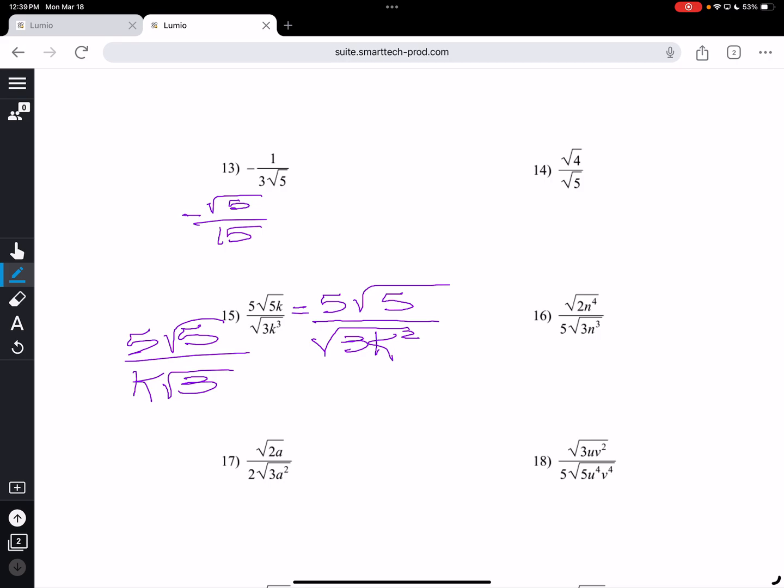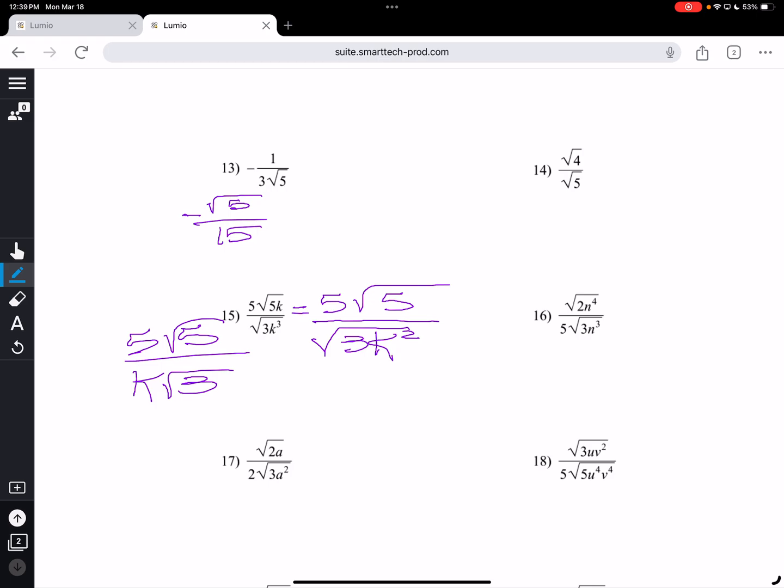Are y'all good with getting to 5 radical 5 over k radical 3? Who said no? Like Harper. You know how we subtract exponents when we're dividing. So 3 minus 1 gives us 2, and we removed that k to the first. It's gone.